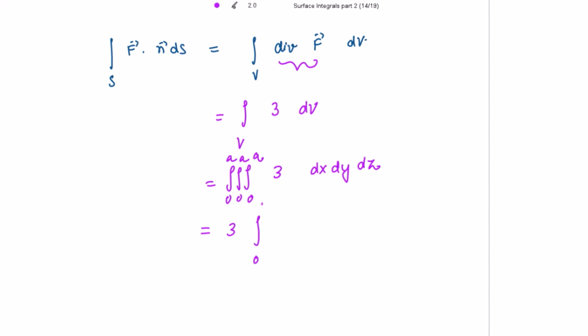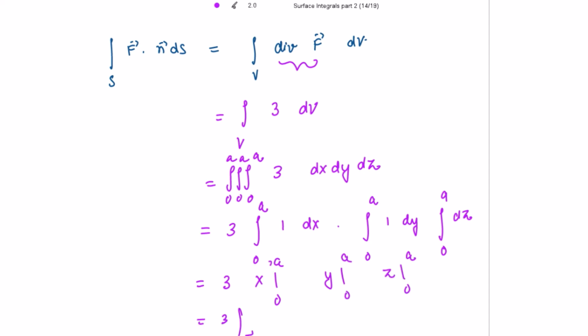Separating them, integrating 1 with respect to x gives x, with limits from 0 to a, then y, and then z. Putting the upper limit minus the lower limit, we get a minus 0, again a minus 0, and a minus 0. So that gives 3a cubed. So this is the required answer for the surface integral, and please mark this as 1.